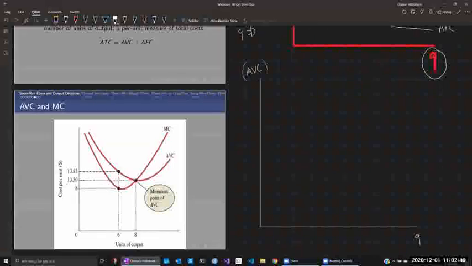And the reason is, as I produce more, remember that I make the same payment to the labor, for example, if this is the only variable factor that I use in the production. As I produce more, I pay the same amount, W, to the labor, but what I get in return is more and more. So the marginal product of labor is increasing, and that should give me a decreasing average variable cost.